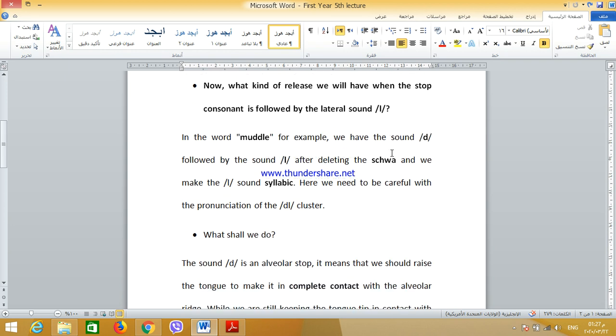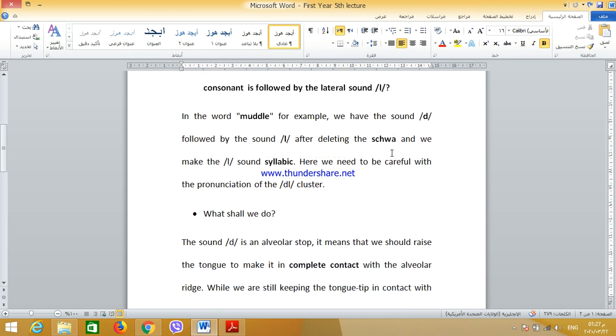You know, a lateral sound is a very special way of producing a sound, and we have only one lateral sound in English, which is l. This sound is produced when the tip of the tongue is in complete contact with the alveolar ridge, but the sides of the tongue are not in contact with the roof of the mouth.